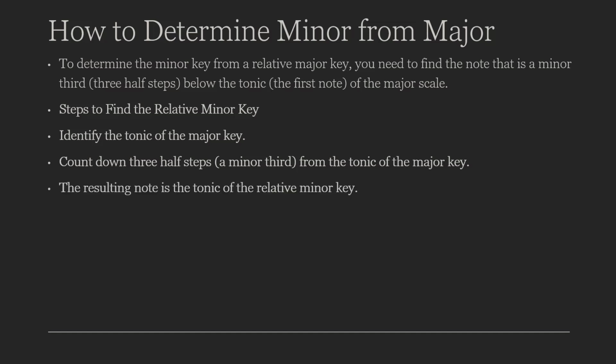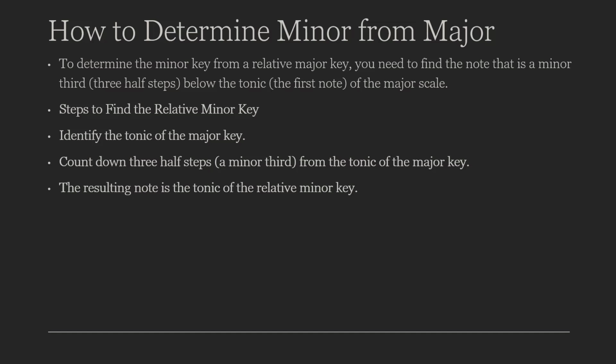The resulting note is the tonic of the relative minor. So 3 semitones backward, or a minor third from the tonic of the major C, took us to A. And that A becomes the tonic of the minor key, which is now A minor.